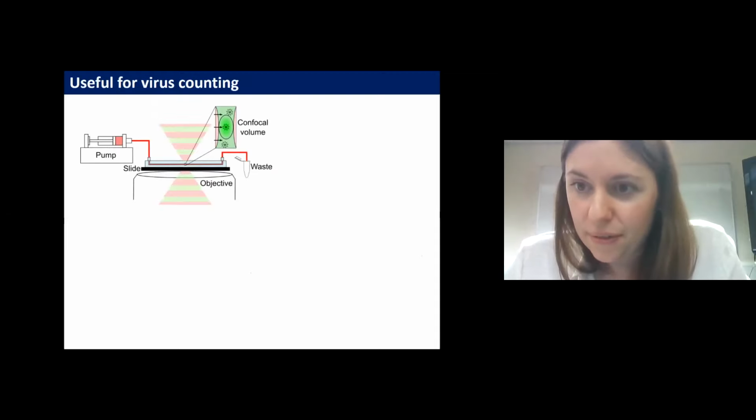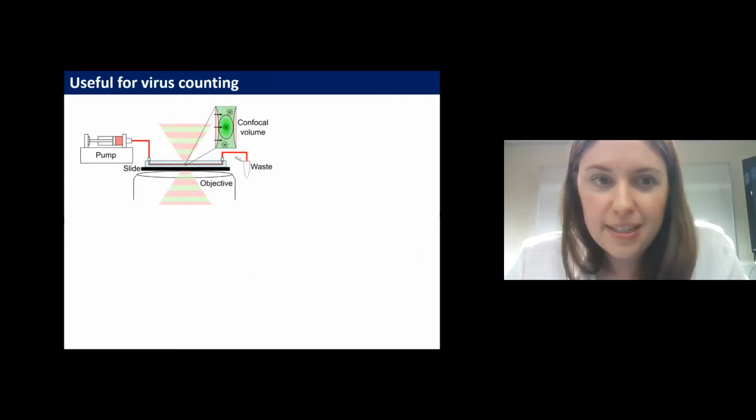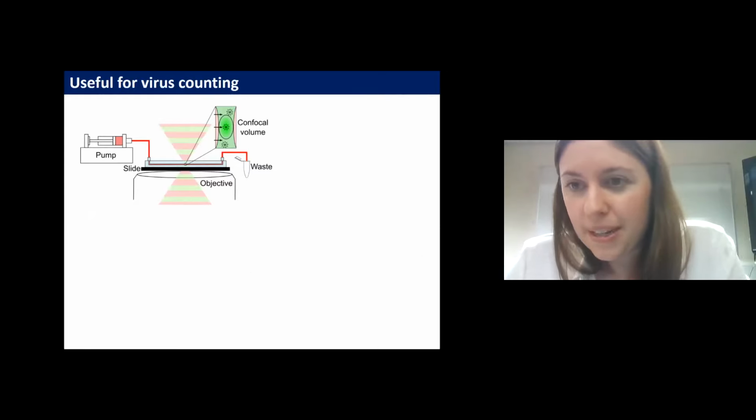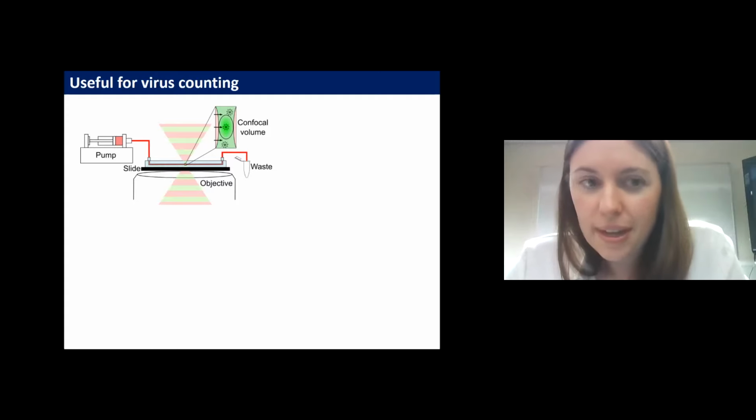This is really useful for something else which you can do, which is virus counting. So rather than looking at just all the particles diffusing around in a field of view, we built a simple fluidic system where we use a syringe pump to pump the viruses through a narrow microfluidic channel, and we use a confocal microscope which alternated red and green laser excitation to look at each virus as it flowed past.